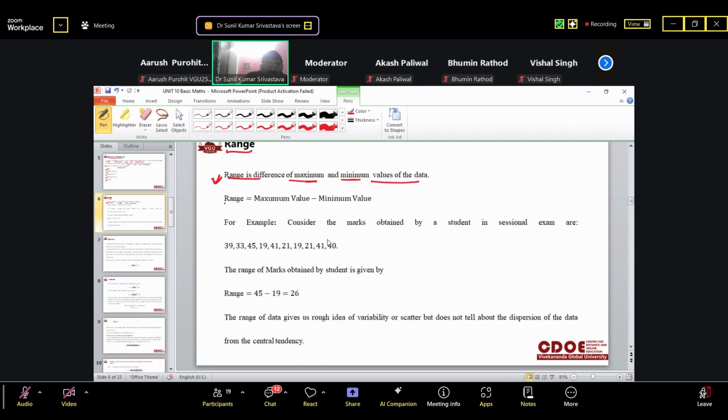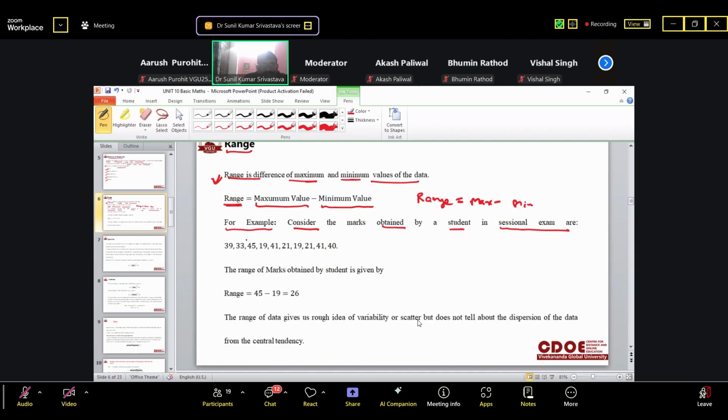So the formula is: range is equal to maximum value minus minimum value. For example, consider the marks obtained by a student in sessional examinations.